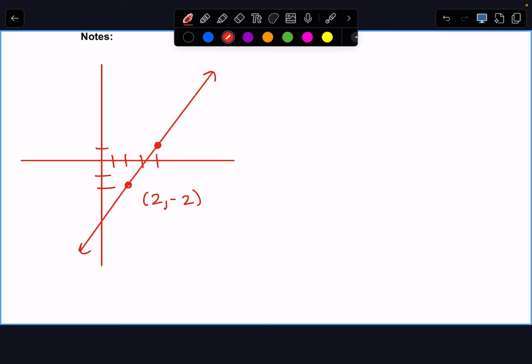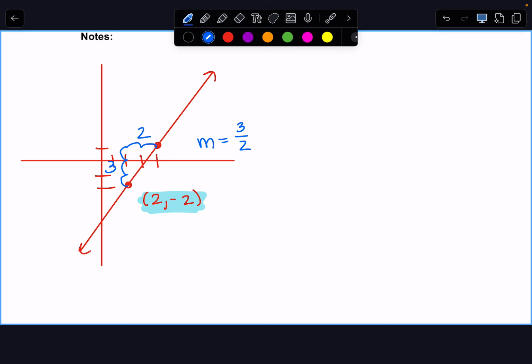In order to use point slope form, all we need is a point and a slope. So, what's our point? How about 2, -2, right? What is our slope? Rise how many? And run how many? So our slope is 3/2.